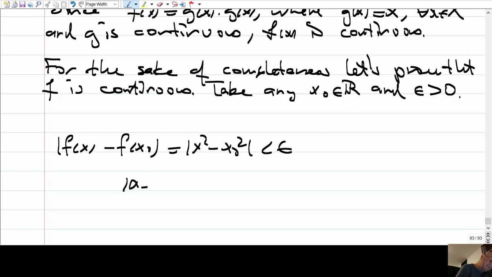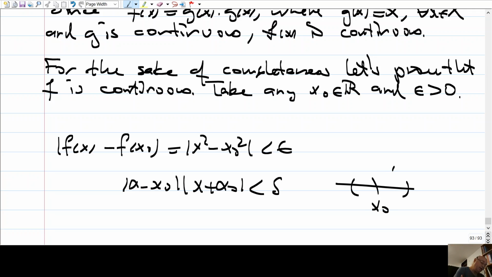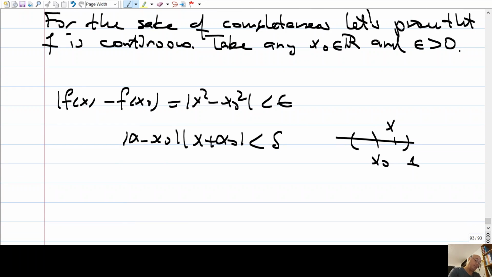But this is what? This is |x minus x0| times |x plus x0|. Okay, now here is x0 and x is somewhere here. If I choose this interval of length at most 1, then |x| will be less than |x0| plus 1.